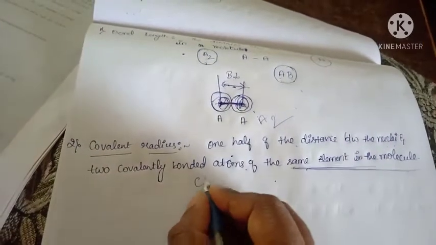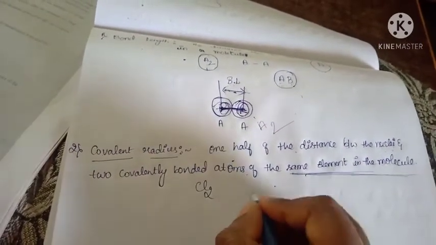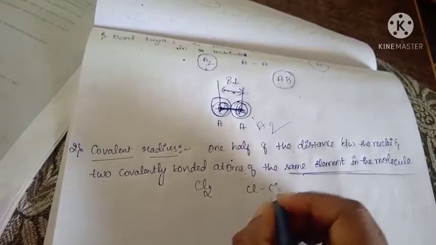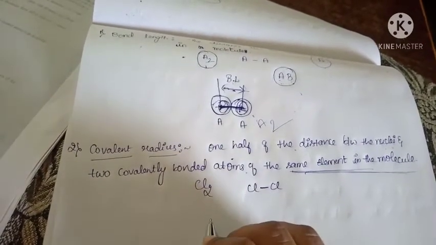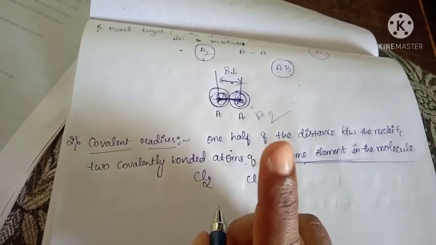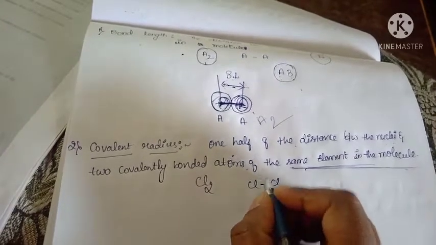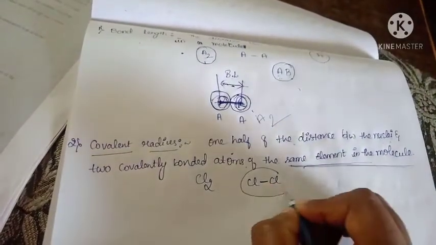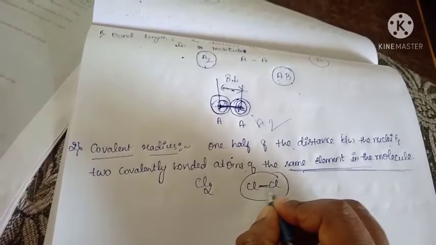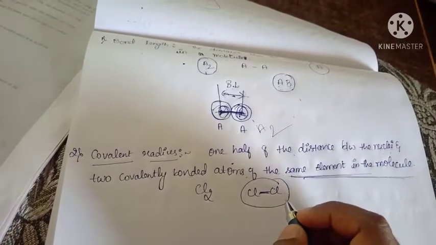For example, here we are taking a chlorine molecule, Cl2, and that molecule should be bonded with a covalent bond. Another condition is that the same element in the molecule should be bonded with a covalent bond.